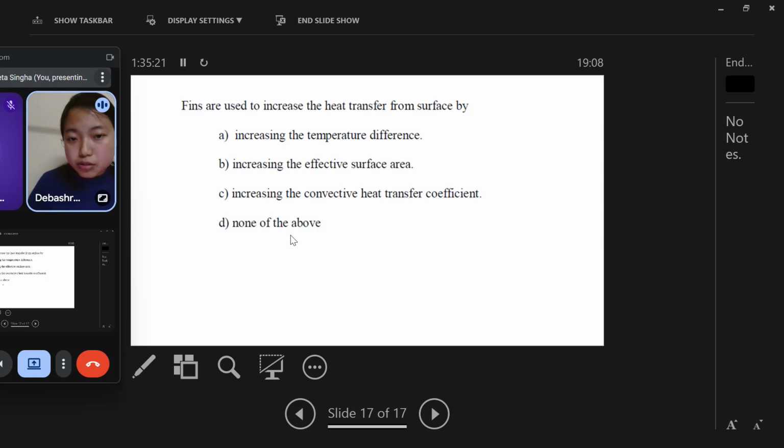They are extended surfaces. Whatever the surface, from there you extend some more surface, and then you can increase the heat transfer. Which one do you think is the option? Already in the name itself it's there, extended surface.